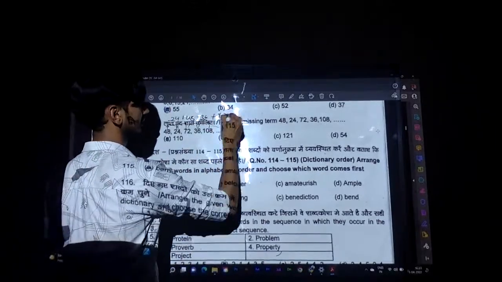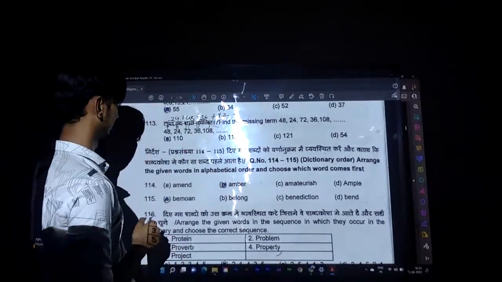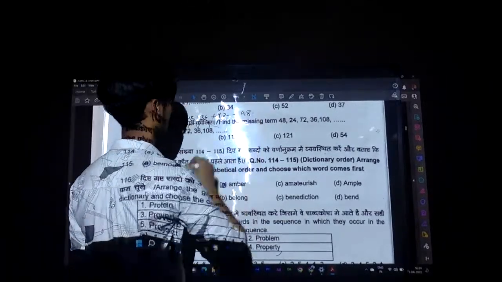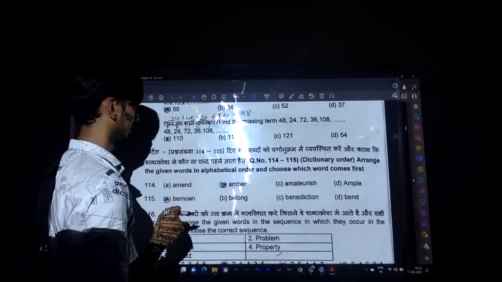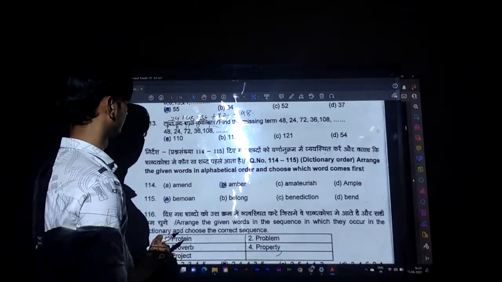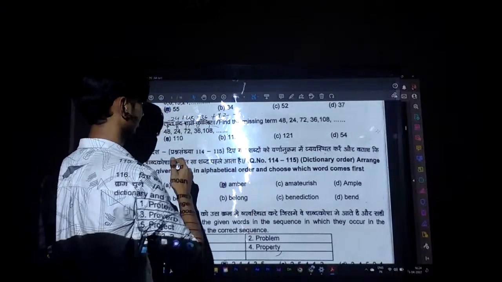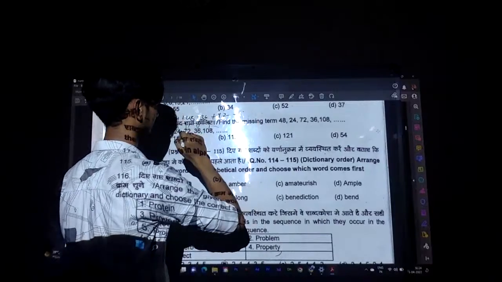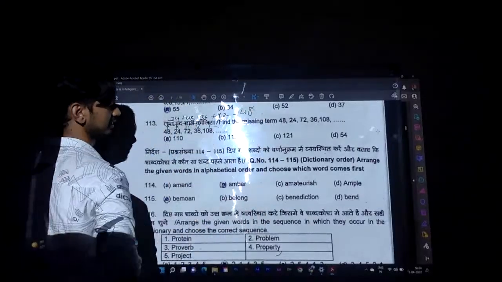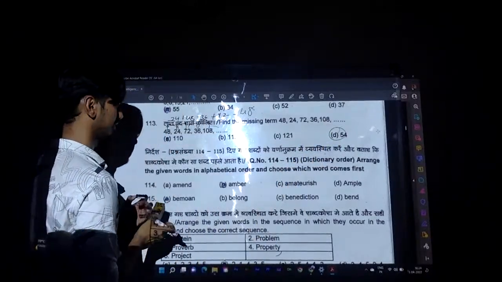So the next term will come as minus, and we have to add minus 72. So here we have to minus 48. When you minus 48 from 108, the correct option will be 54, option D, and the answer is 54.